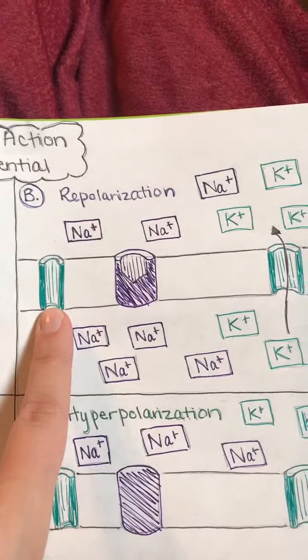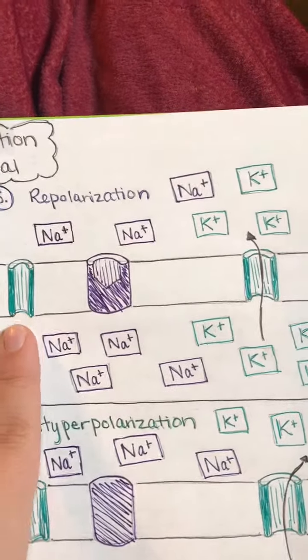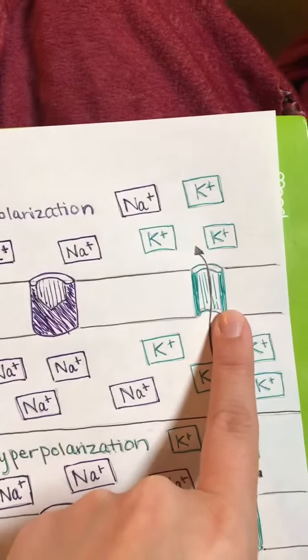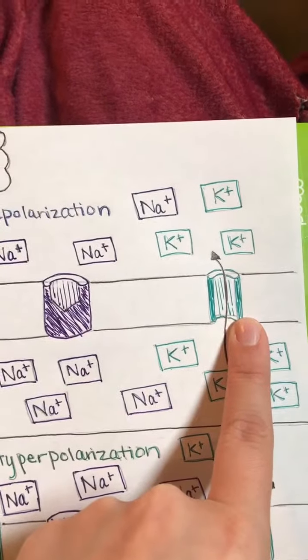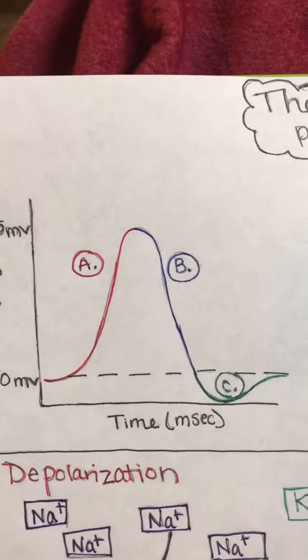Again, the potassium leak channel is always open, but now in repolarization, the voltage-gated potassium channel is open, which allows potassium to leave the cell, causing that repolarization seen in the graph there.